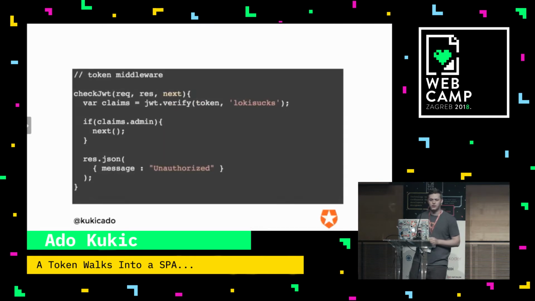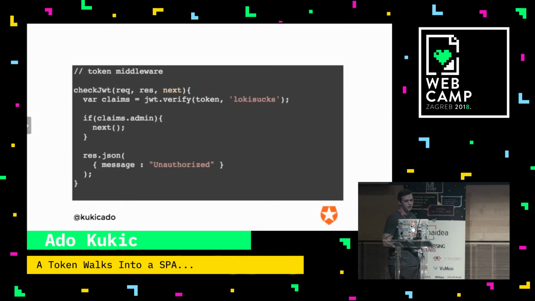If we look at the check JWT middleware, we have our request, response, next. The first thing we're going to do is validate and verify that the token is valid and that it was signed with the password Loki sucks. If that's good, we're going to check the claims. If the user is an admin in this example, since we're trying to access the admin route, we're going to say, okay, go ahead next, process that, send the message that you need to send.